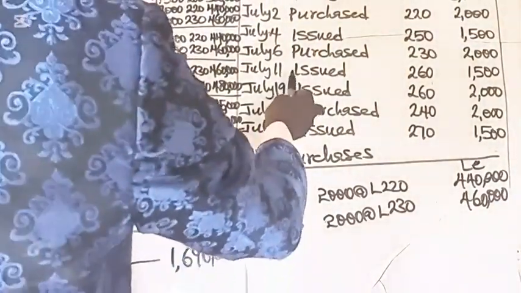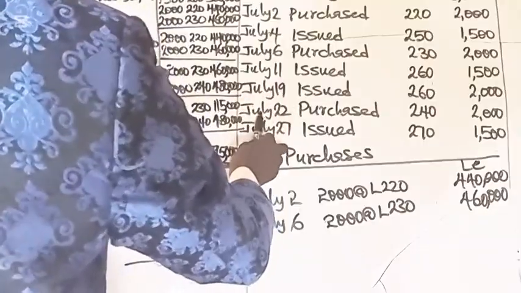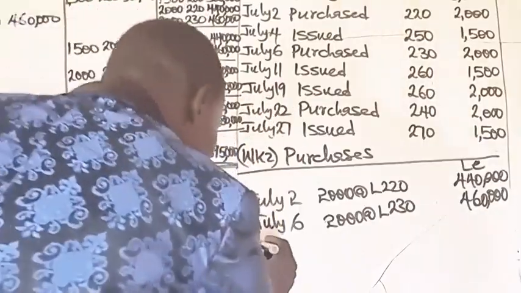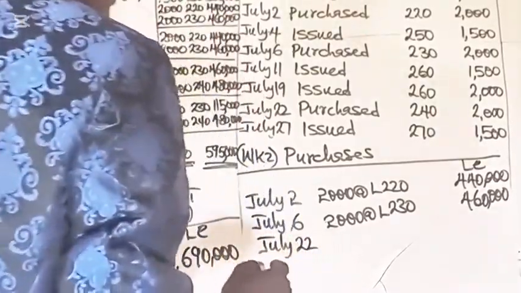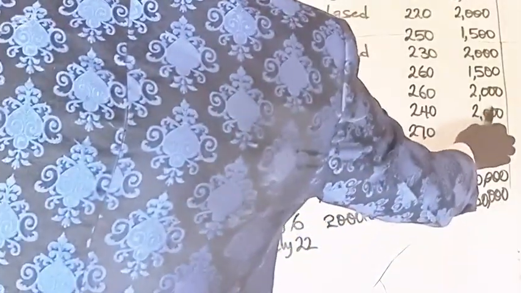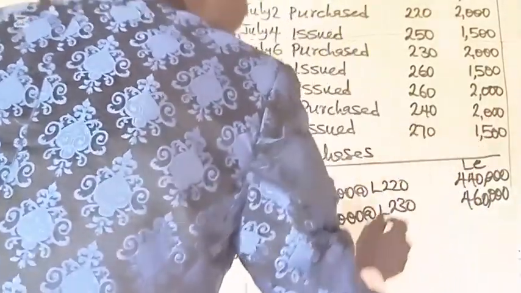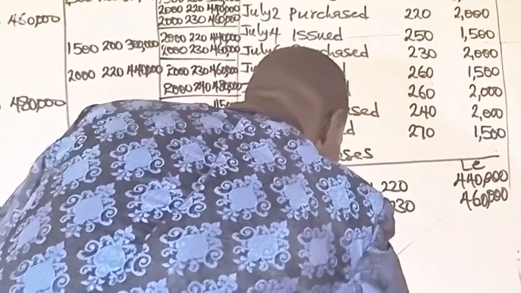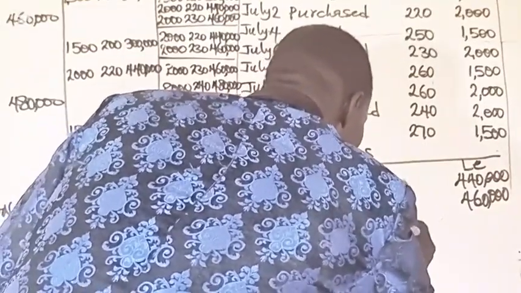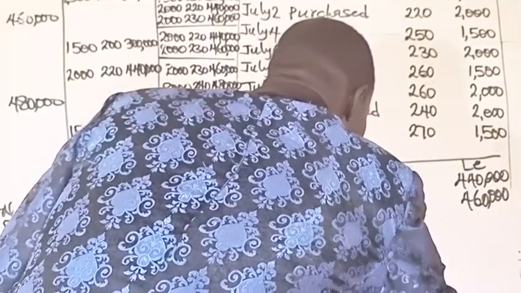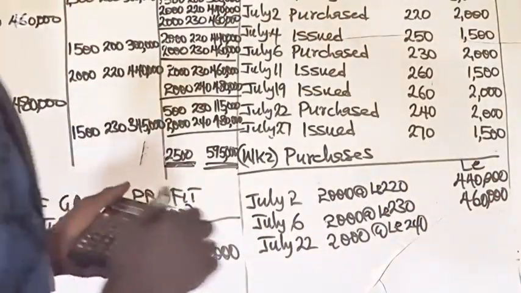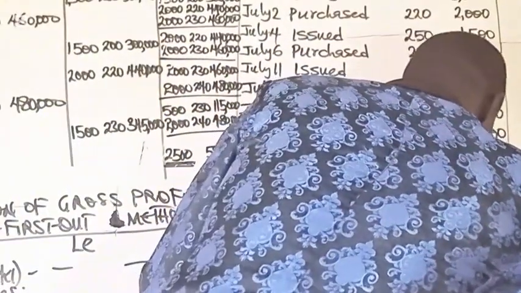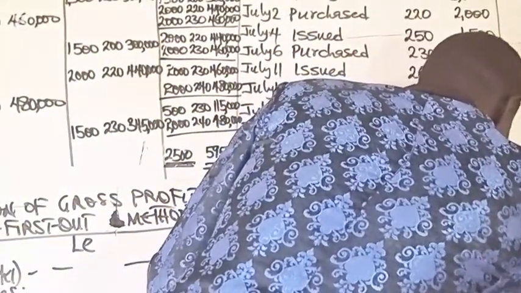Then another purchase was made on the 22nd of July. Another 2,000 units at the price of 240 Leone. That is 480,000 Leone.